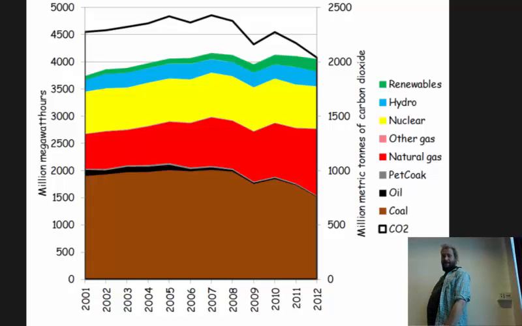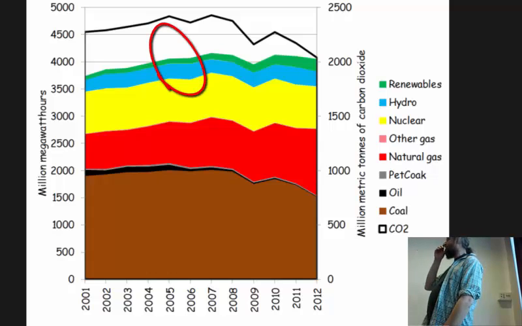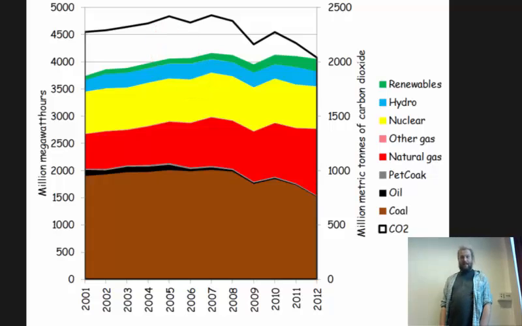What you're looking at here is over a period of 10 years or so in the US, the CO2, and that's given in black, that comes out of the power generation sector in the United States.